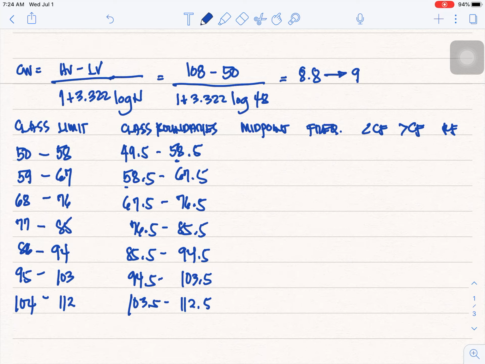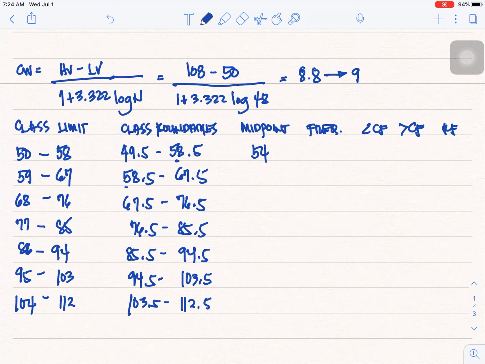The next is the midpoint. Again, how do we compute the midpoint? We can just add the lower class limit plus the upper class limit, then divide by 2. So we have 50 plus 58, divided by 2, that is 54.